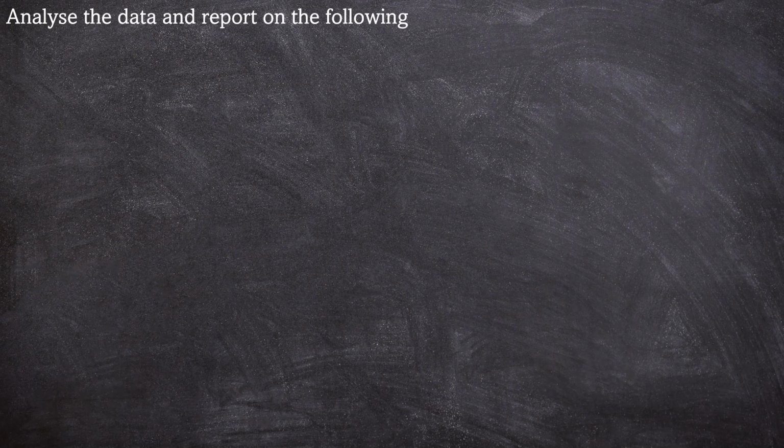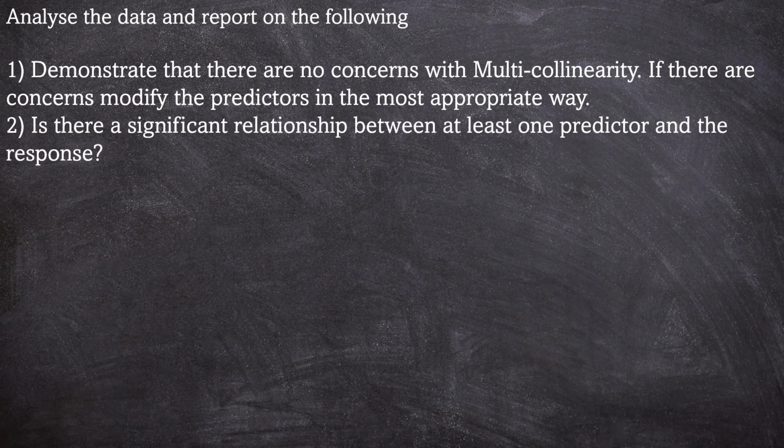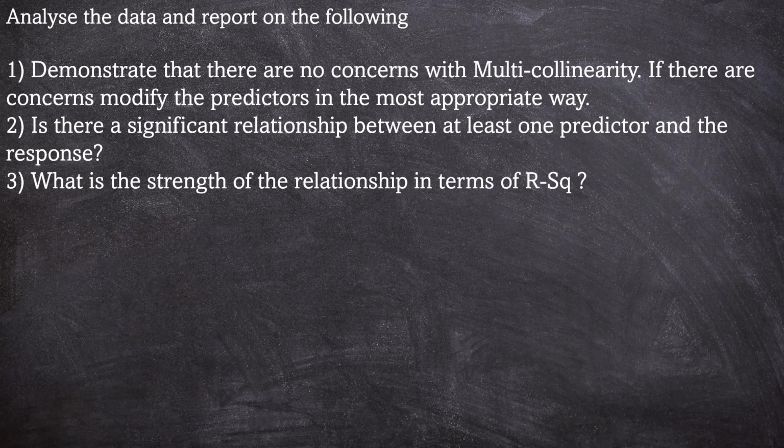Analyze the data and report on the following. Number 1, demonstrate that there are no concerns with multicollinearity. If there are concerns, modify the predictors in the most appropriate way. Number 2, is there a significant relationship between at least one predictor and the response? Number 3, what is the strength of the relationship in terms of R squared? Number 4, which predictors are significant?